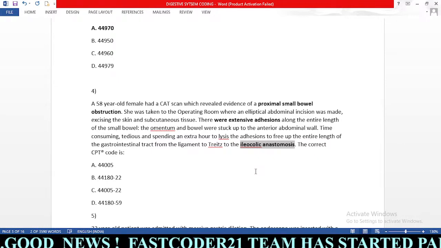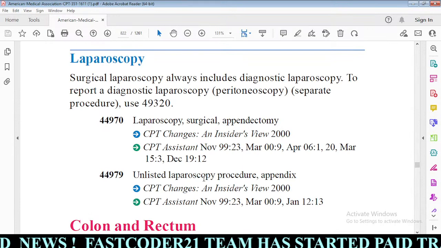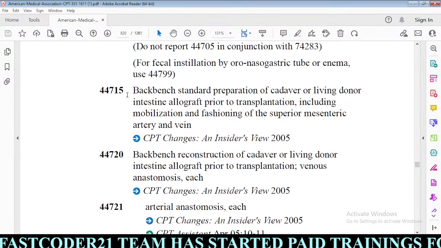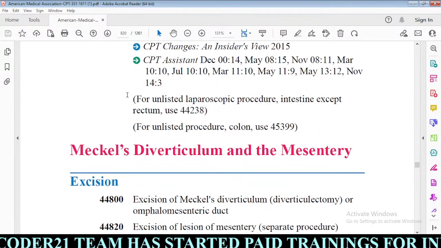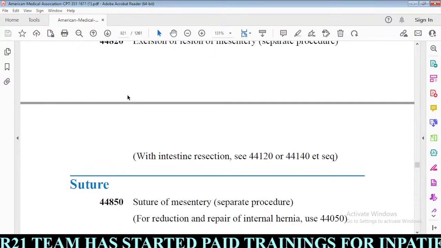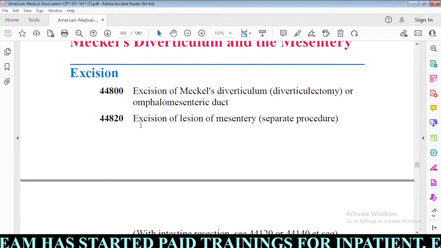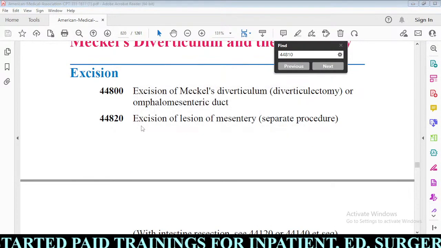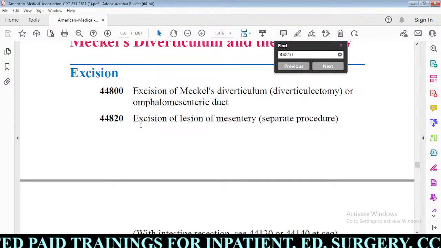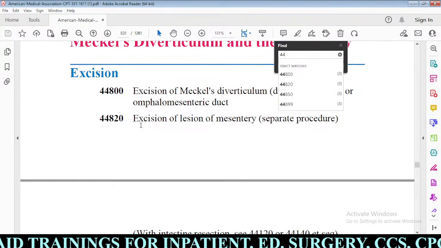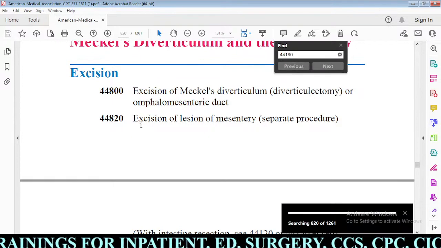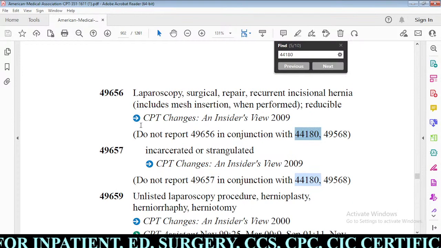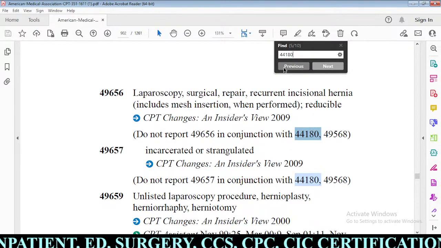44180. So anyway, we will go directly here. We need to go back, not front.